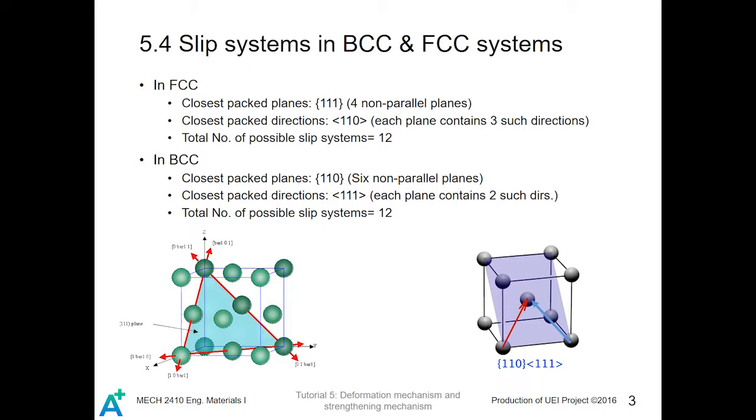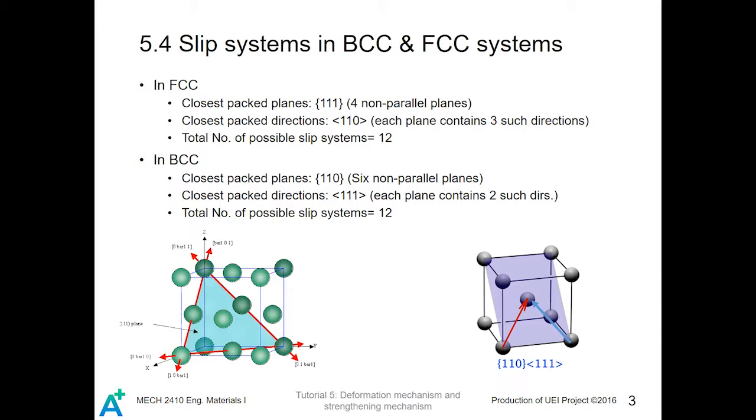And the closest packed directions are the family of directions <110>, and each of those 4 non-parallel planes contains 3 such directions, and therefore the total number of possible slip systems in FCC is 12.